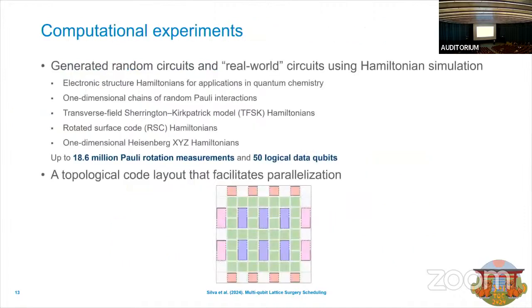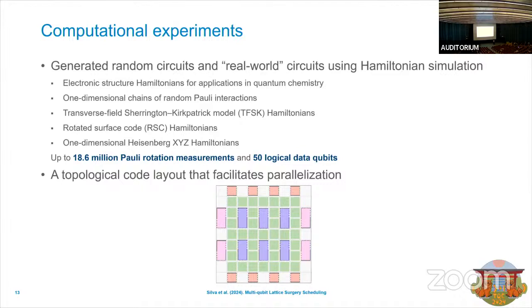So for the computational experiments we performed, we generated random circuits and, as I mentioned before, real-world inspired circuits using Hamiltonian simulation. Here's a list of the applications that we consider. I'm not a specialist on quantum algorithms, so if you want to ask anything about it, probably I won't know the answer.